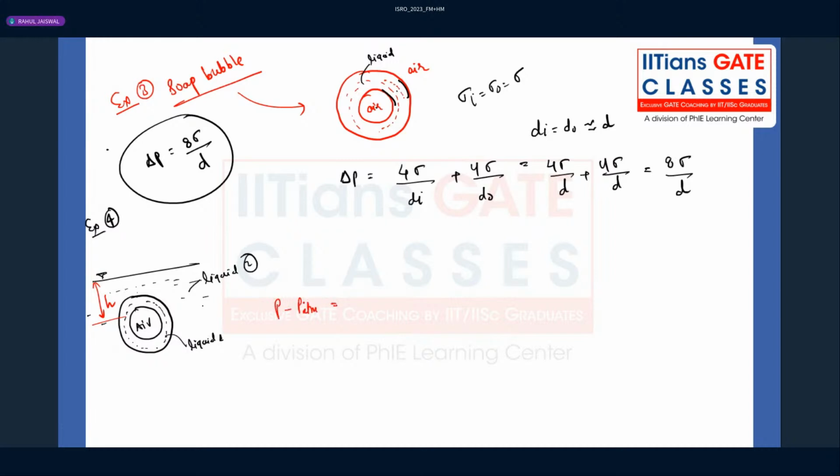Do not think that we will have two interfaces here. If I place this in the same liquid, like a particular river or anything, only one interface will be there. This air bubble will be filled with, again, liquid. So there is only one interface. So we can write rho g h plus 4 sigma by d. Make a note of it.